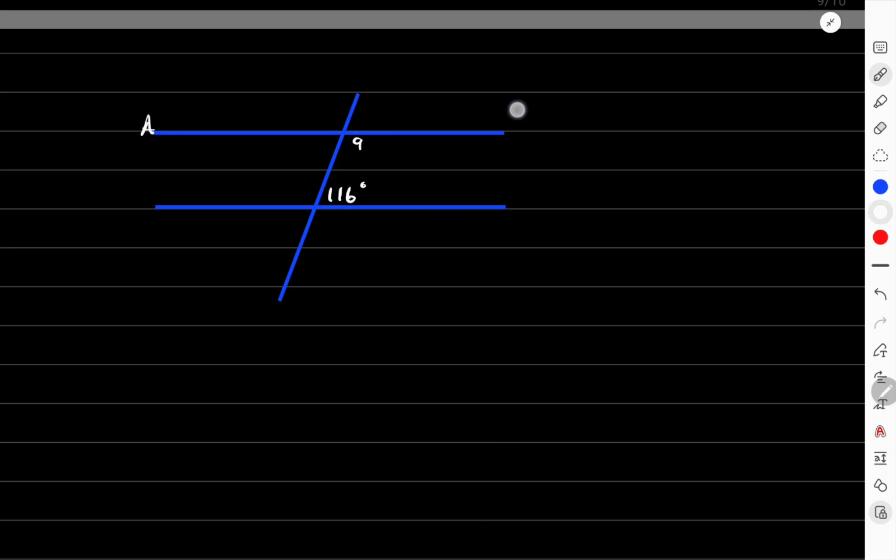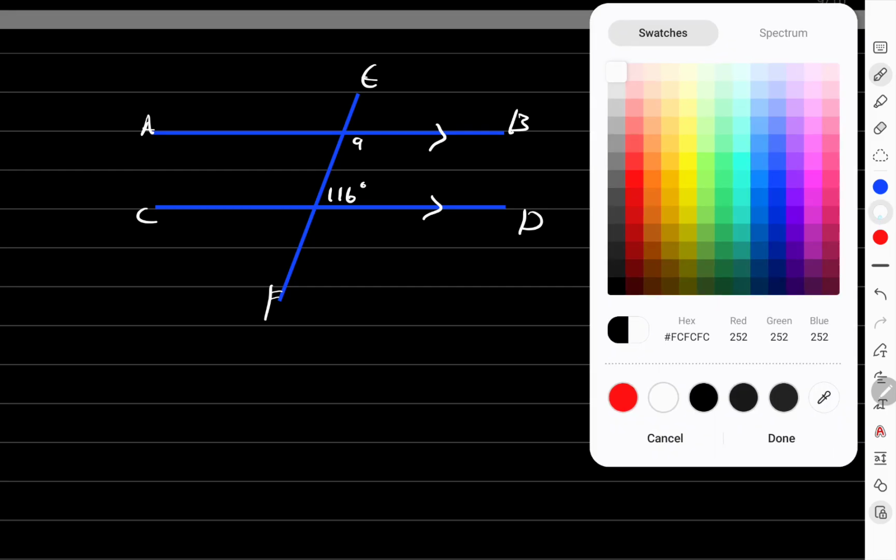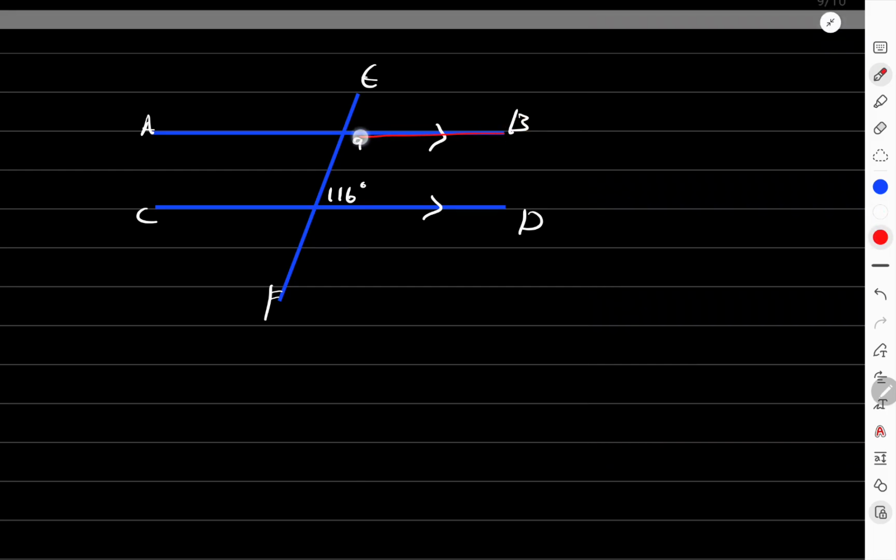I have AB, CD, EF: A, B, C, D, E, F. These two lines are parallel. Now, if I look at my parallel lines, I am having a shape like this one, right? The angle found here, which is A, and the angle found over there, which is 116, those two angles combined should give us 180 degrees, because the reason is going to be co-interior angles.